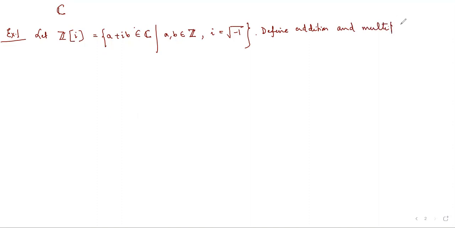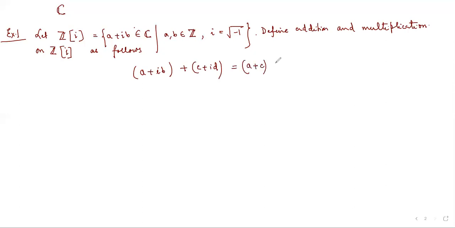We define two operations, addition and multiplication, on this particular set as follows. (A plus iB) plus (C plus iD) is equal to (A plus C) plus i times (B plus D).